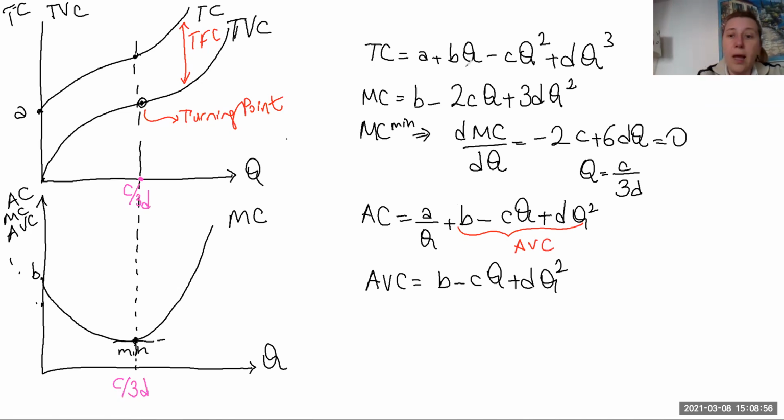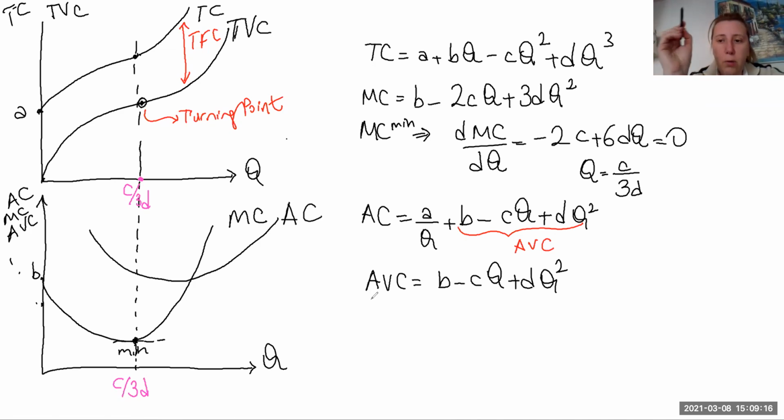Let's draw that. Again, we have two U-shaped functions because of the square functions, and average cost is something like that. Average cost or average total cost, and average variable cost will be located below, and the vertical difference between two of them will be the average fixed cost, just like that. This was average variable cost.